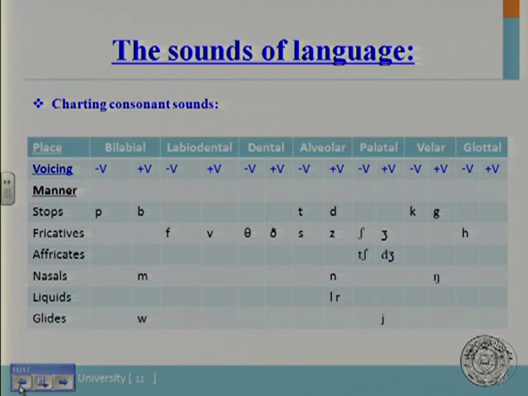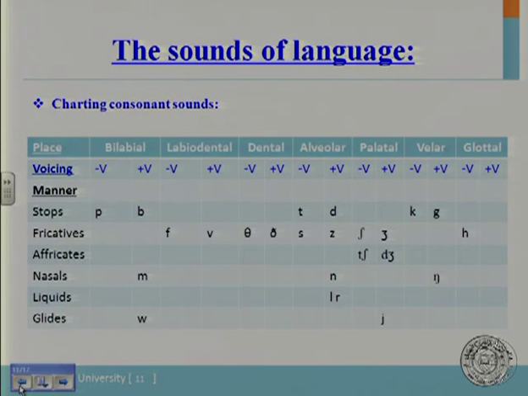But the is a dental, fricative, voiced sound. This is the full description of the place and manner of articulation of the sounds th and the.